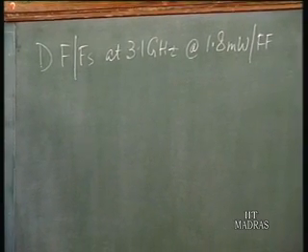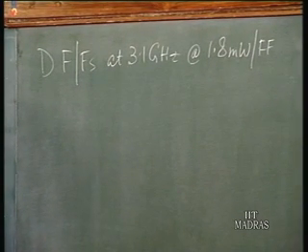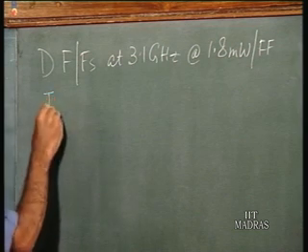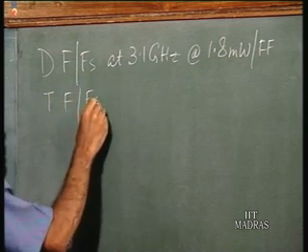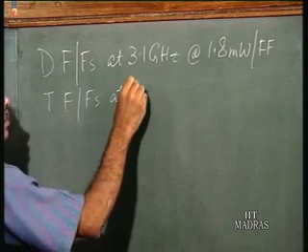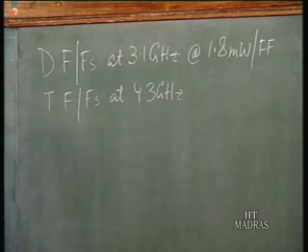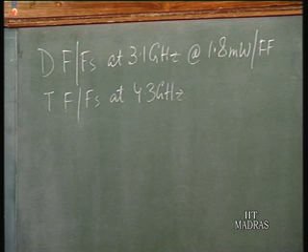So, that is the level of power, only 1.8 milliwatt per flip flop. Also, they have fabricated T flip flops operating at 4.3 gigahertz, and they claim that this is the lowest power dissipation for any gigahertz family.